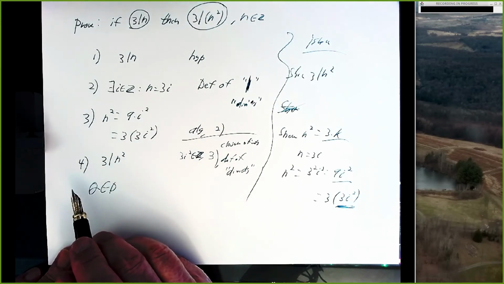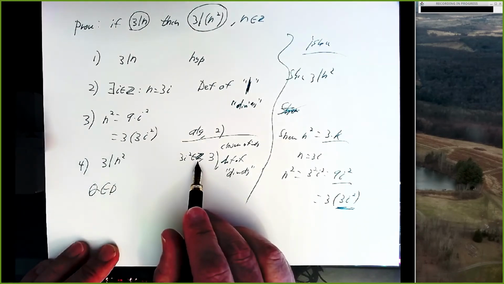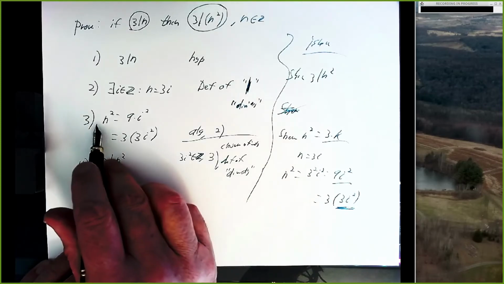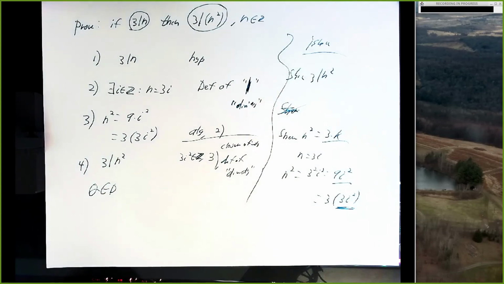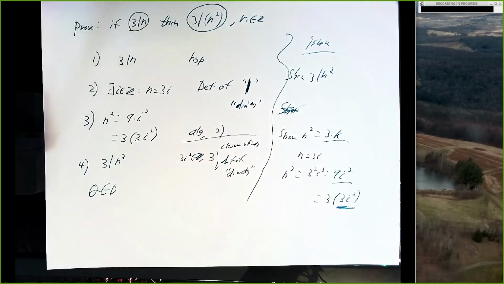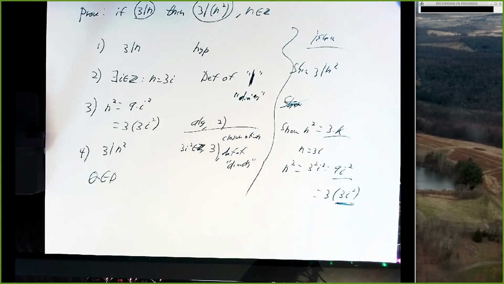And as long as you've got the pieces in here, you're probably good, right? I've stated that 3i squared is an integer, and that I've shown n squared is 3 times that. That's my definition of 3 divides n squared. And that's what I'm trying to show, and so I can say QED at that point.